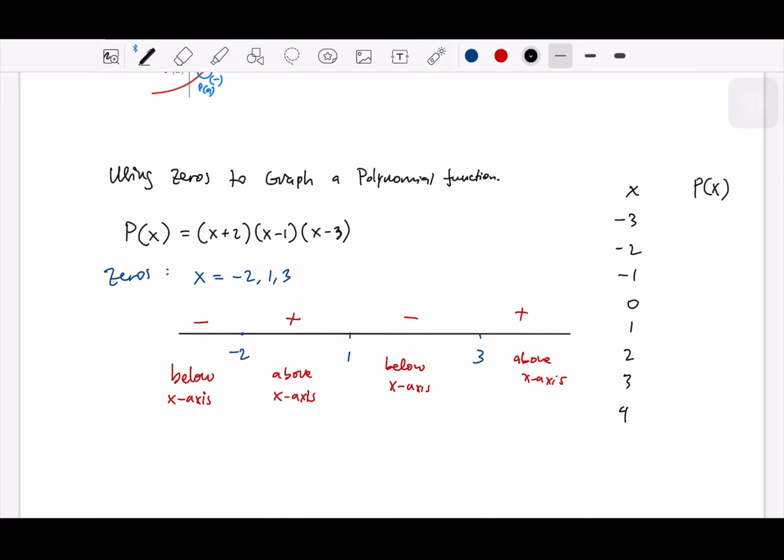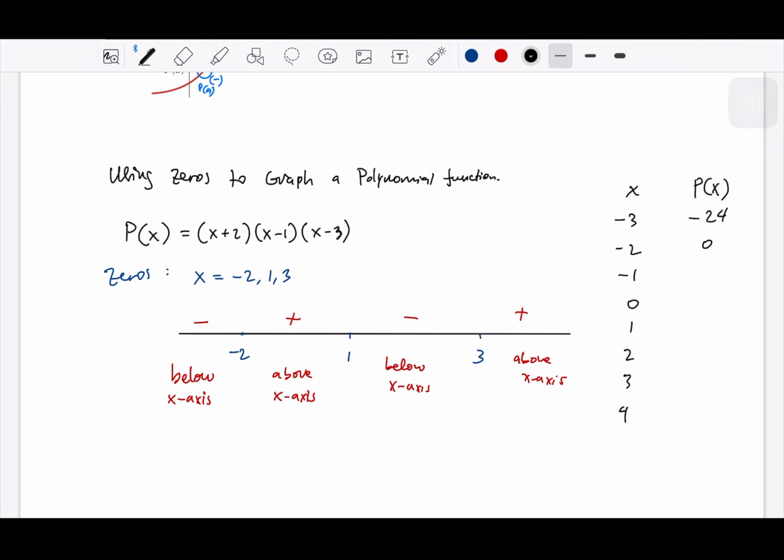This is if you want to sketch the graph exactly on some coordinates, and we can connect all the coordinates together in one curve, and match them with our signs, below the x-axis and above the x-axis. So we could take this -3 and multiply it all together. This will be 24.